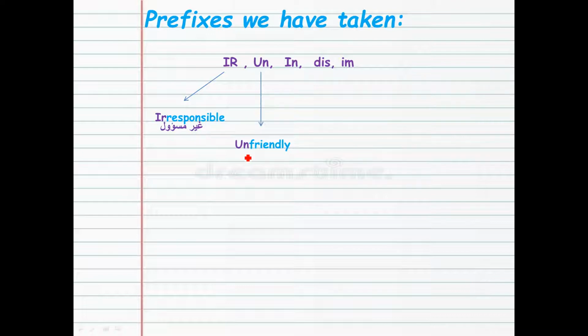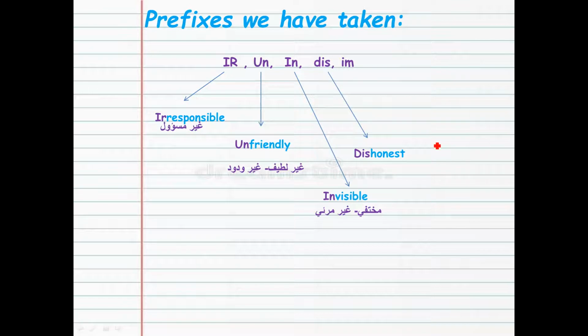unfriendly غير ودود أو غير لطيف. تمام. So without this part من غير هذا الجزء تصبح الكلمة friendly بمعنى لطيف أو ودود. invisible بمعنى مختفي أو غير مرئي. Without this من غير هذا المقطع تصبح الكلمة visible بمعنى مرئي أو ظاهر للعيان. dishonest بمعنى غير صادق، شخص غير صادق غير أمين.